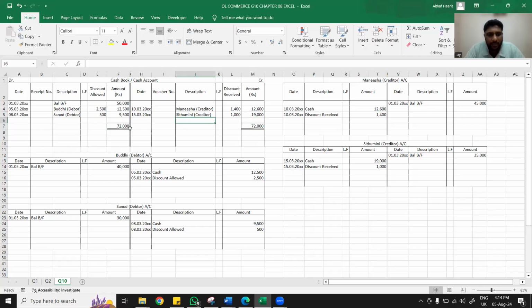Then how much should be the balance c/d? 72,000 minus 40,400. Am I correct? 31st March 20XX, 40,400. Quickly do it and confirm the number, people.